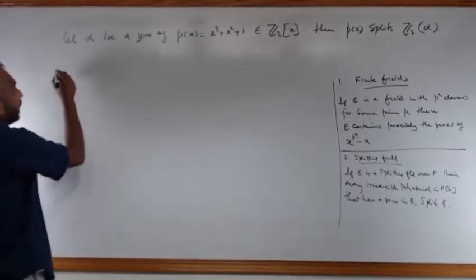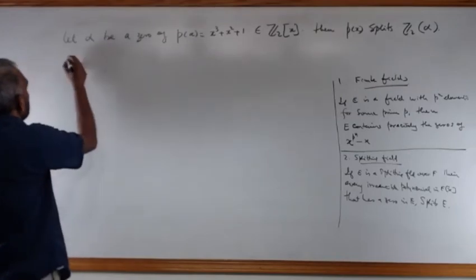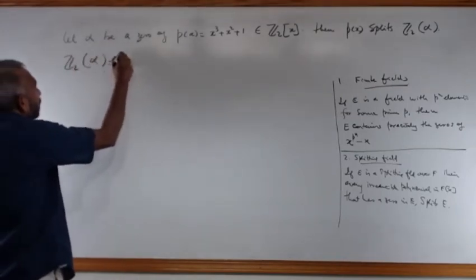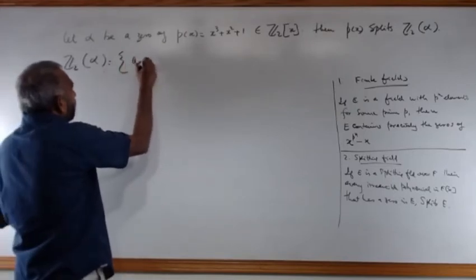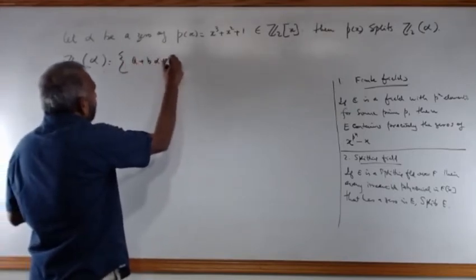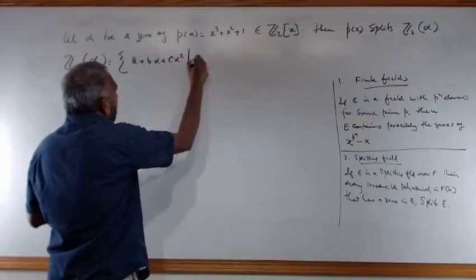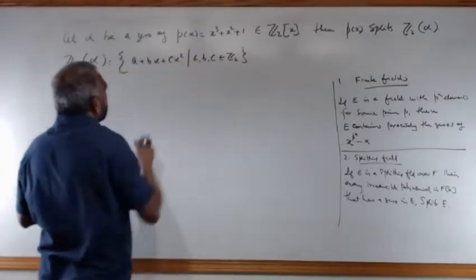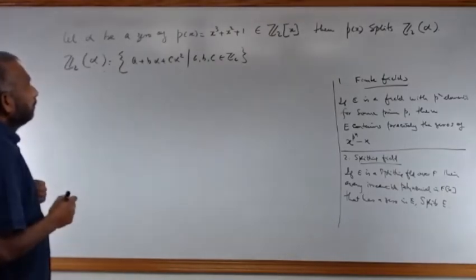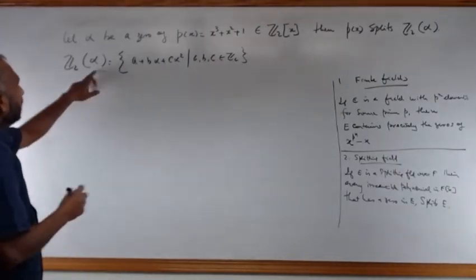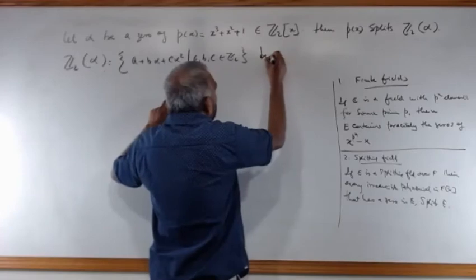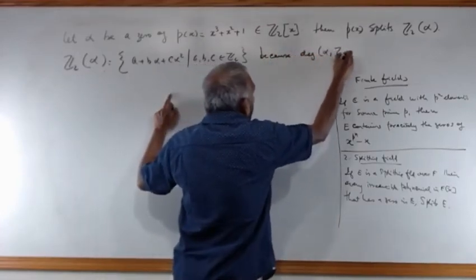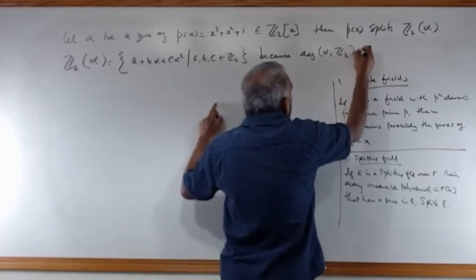So let us see what Z2 of alpha has. Z2 of alpha has all elements of the form A plus B alpha plus C alpha square, A, B, C in Z2, because the degree of alpha over Z2 is 3.